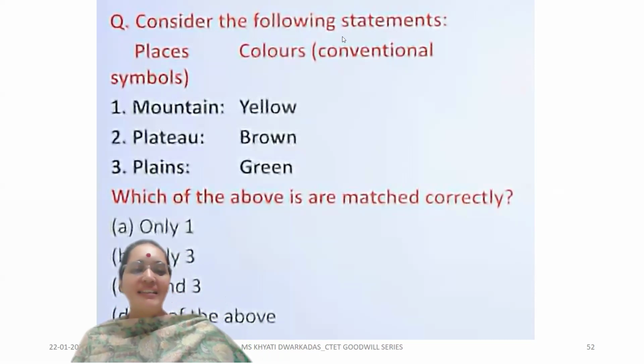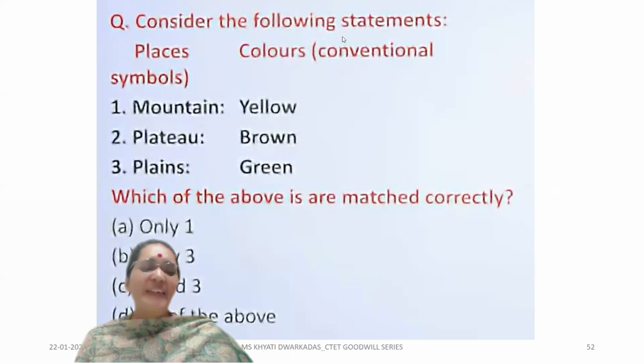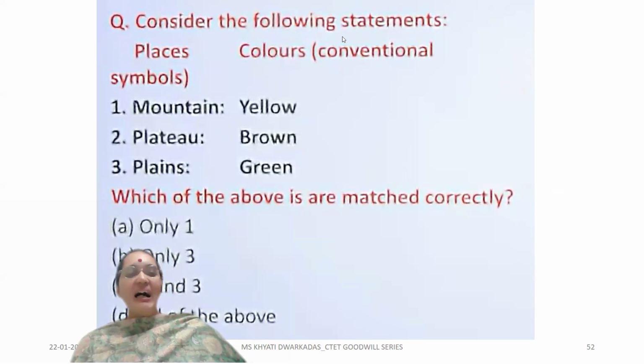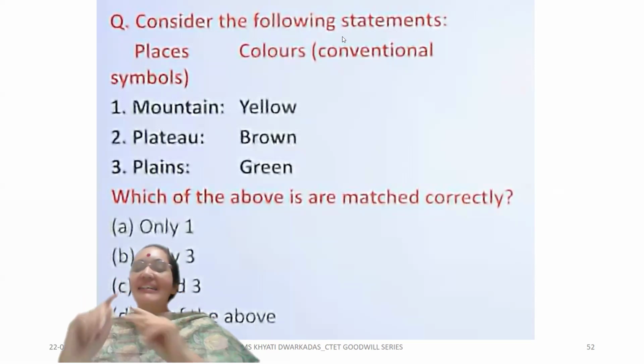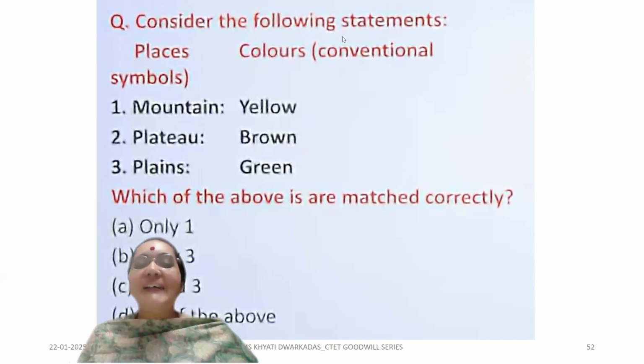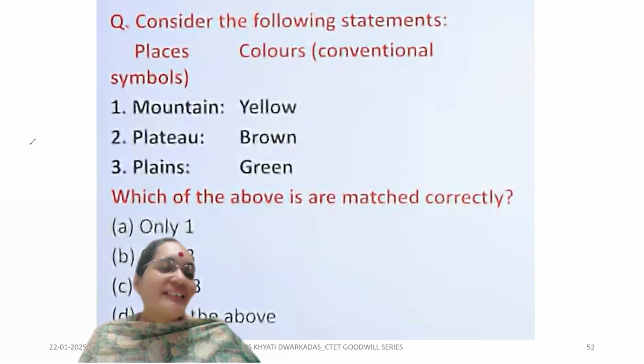So which one is it? No, it's only... Mountains are brown in color. Sorry, plateaus are yellow in color. See, this is the technique that we call elimination. We already know the ninja technique of elimination.